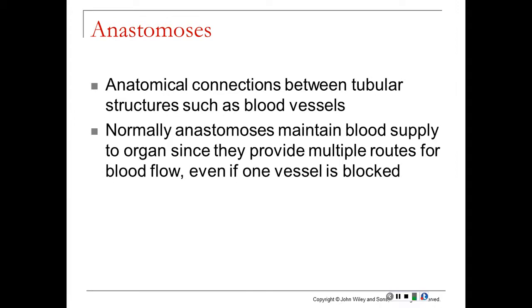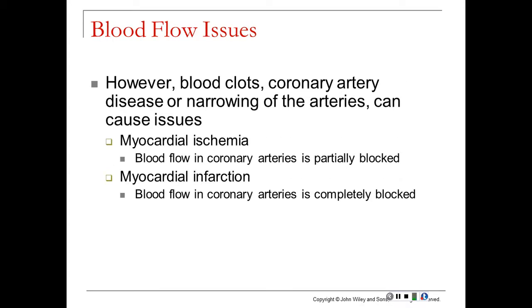And so if one of these blood vessels is blocked, the other blood vessel can shunt the blood also and make sure that your brain stays healthy in terms of blood flow. So an anastomosis would be a connection between blood vessels to allow for multiple routes, just in case one vessel is blocked or damaged.